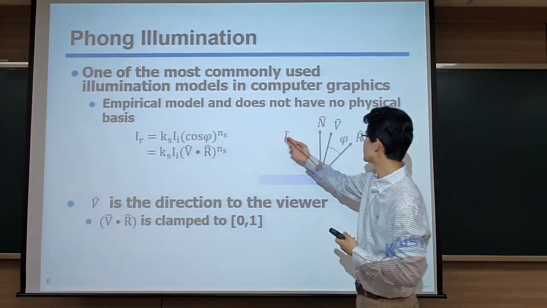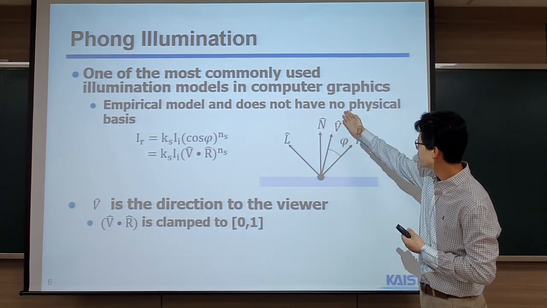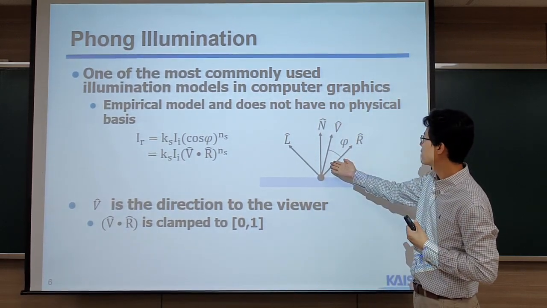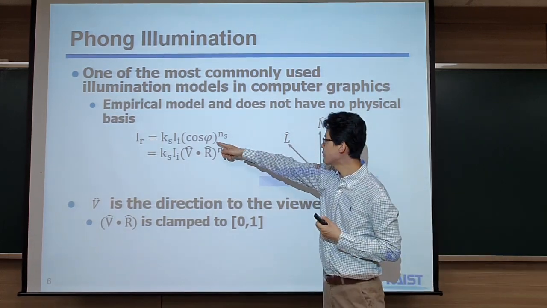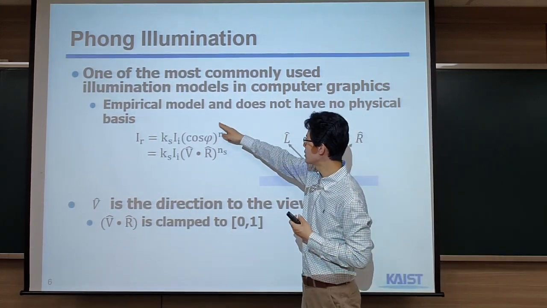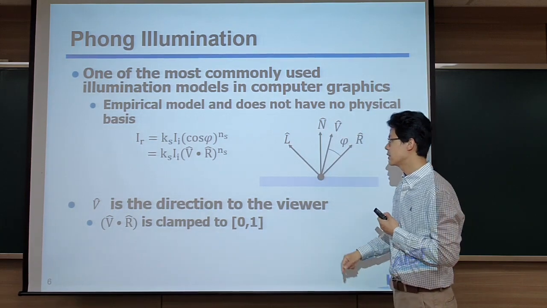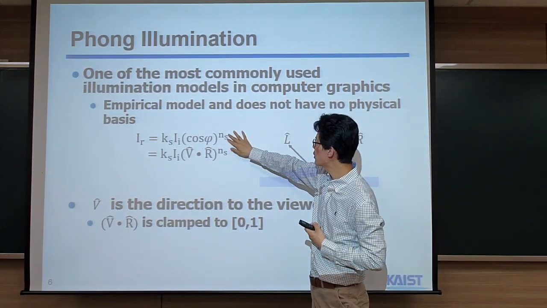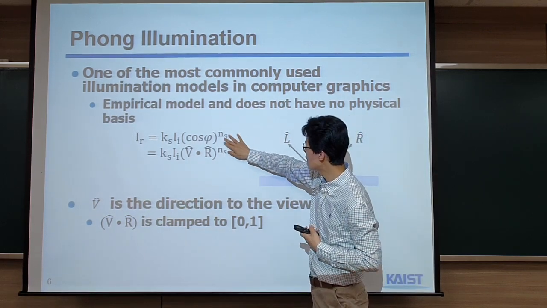We introduce the angle between the viewing direction and the reflection vector, and we use the cosine function. We also take the exponent Ns. I will talk about the effect of this exponent later.